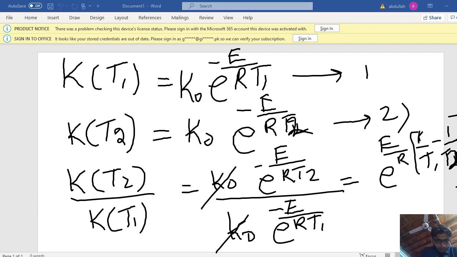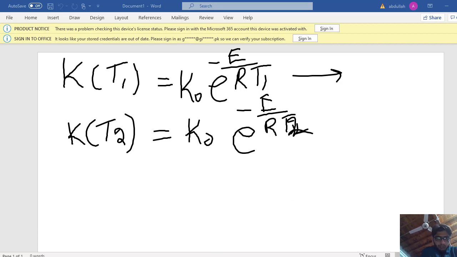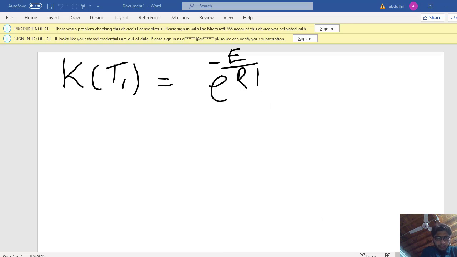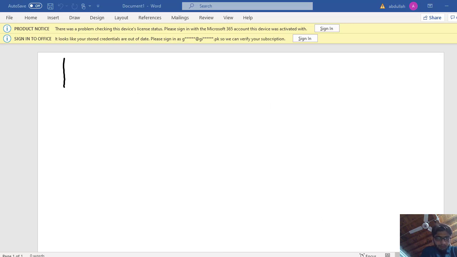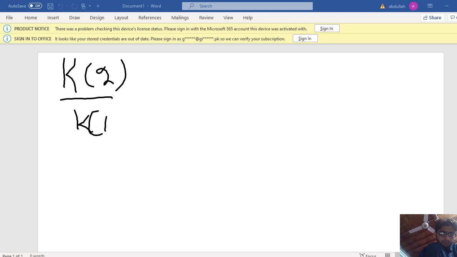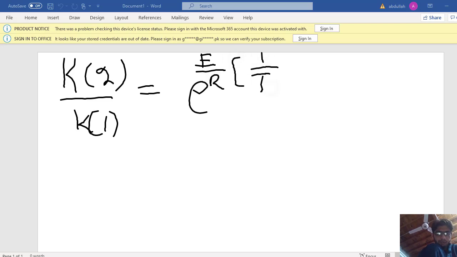So k2 divided by k1 becomes e to the power E by R times 1 over T1 minus 1 over T2, where E is the activation energy and R is the universal gas constant.